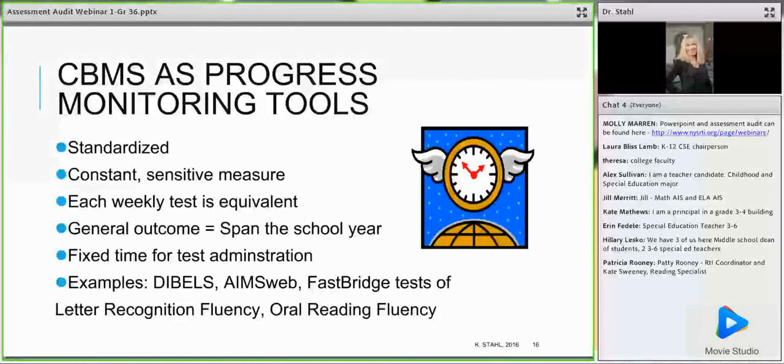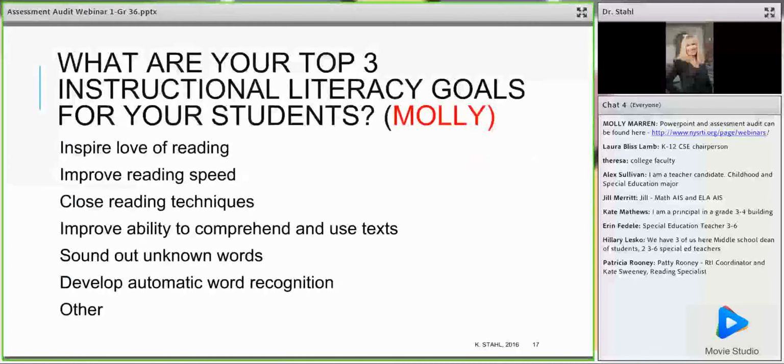There's a fixed time for test administration. And so some examples of these CBMs that you currently might be using are products from DIBELS, products from AIMSweb, the FastBridge test of letter recognition fluency or oral reading fluency. So these would be examples of these tools.